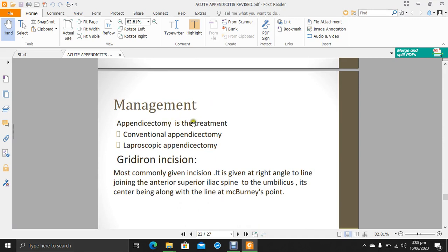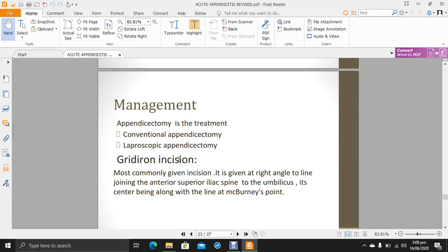The management includes either open appendectomy, that is conventional appendectomy, or laparoscopic appendectomy. In open appendectomy, we approach through the gridiron incision.